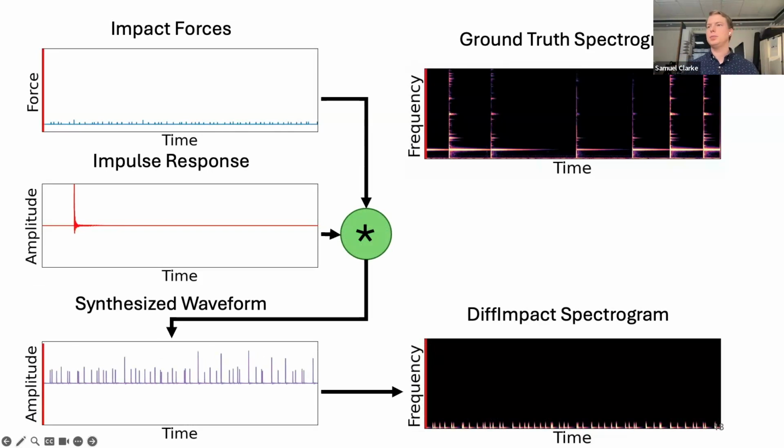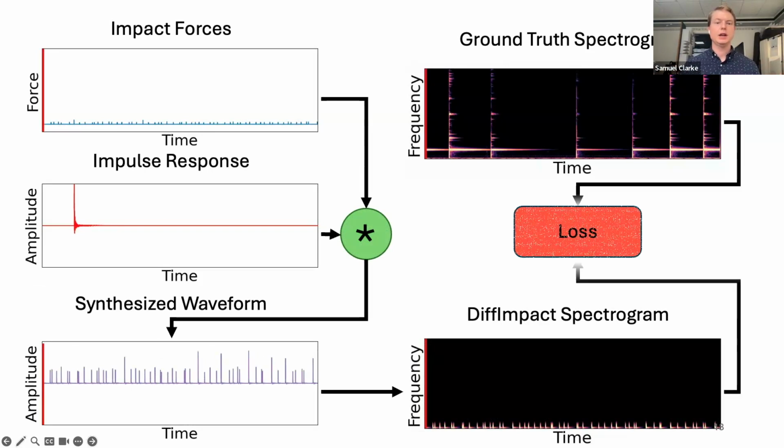By predicting the spectrogram and performing an analysis by synthesis process, comparing it to the ground truth spectrogram by a loss function, we can go back and adjust our estimates of the parameters of each of these different models as our predicted spectrogram approaches the ground truth spectrogram.